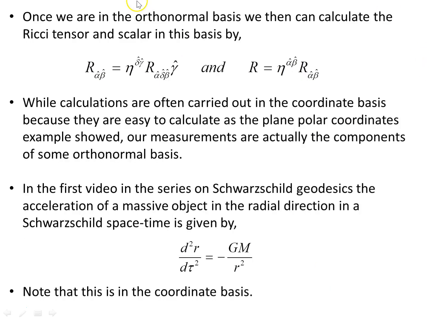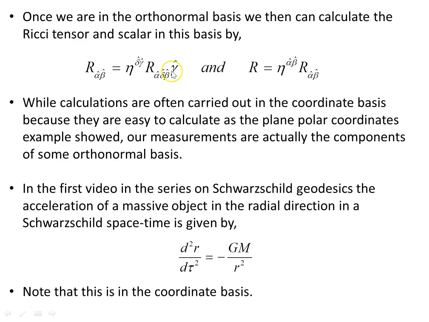So once we're in the orthonormal basis, we can then calculate the Ricci tensor and scalar if we have the Riemann curvature tensor. From the Riemann curvature tensor, we want to get, sorry, this gamma here should be lower. It should actually be in the subscript form here. Sorry about that. It's one of the indices and it should be down here.